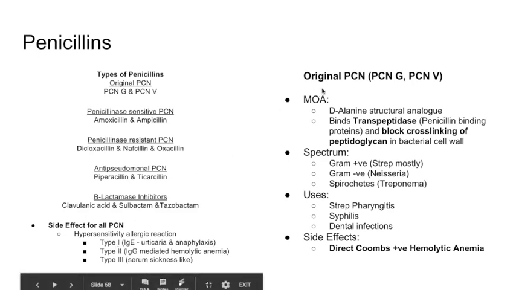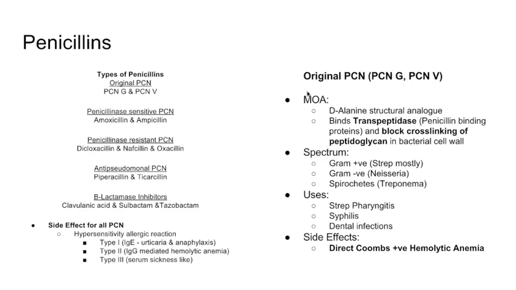Now talking about the original penicillin, so this is penicillin G and penicillin V. Mechanism of action, as we talked about, it's a D-alanine structural analog, and it binds the transpeptidase. So this is the enzyme that cross-links the peptidoglycan. So it blocks the cross-linking of the peptidoglycan in the bacterial cell wall.